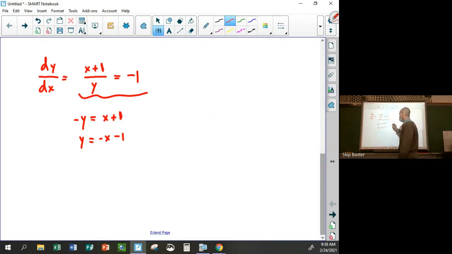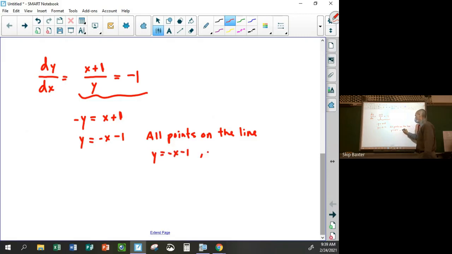So a full credit answer would be all points on the line y equals negative x minus 1, except, and you can either say when y equals 0, or you can say when x equals negative 1, or you can say except the point (negative 1, 0). Any one of those three things would be acceptable here.